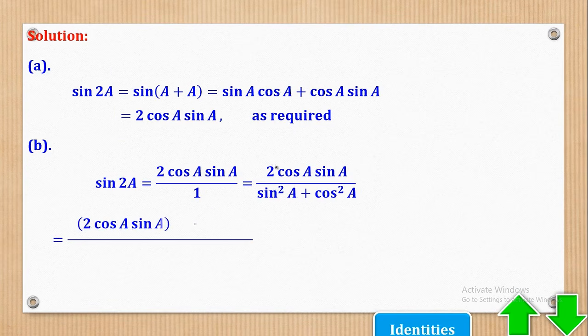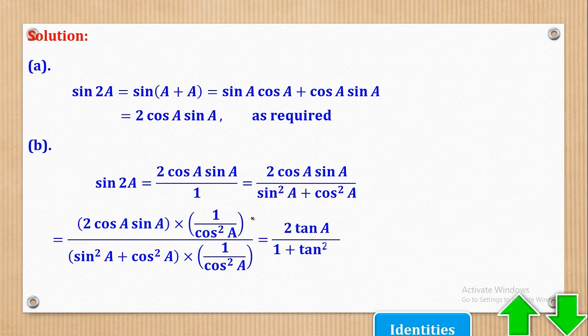Then, since they want it in terms of tan, we shall divide both the numerator and denominator by cos squared A. For the numerator, one cos A goes with this, and the other cos A makes this one tan, but here there is 2.